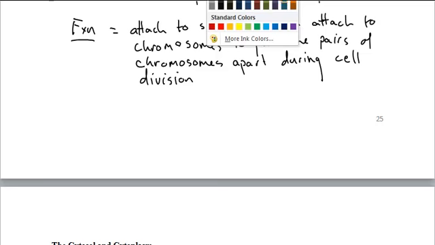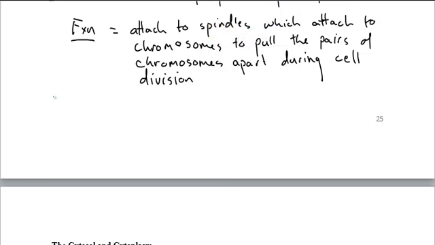And if we look at the cell, it's like a car factory.